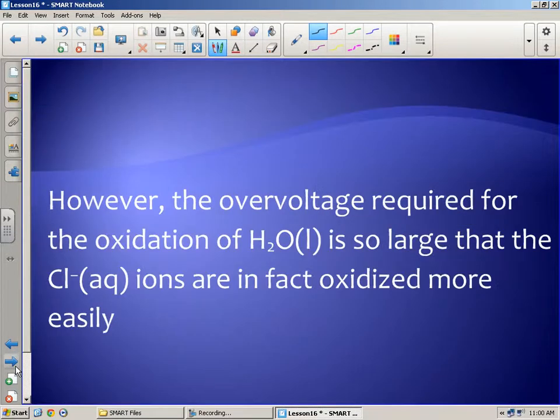The chloride anomaly only happens with water and chloride. What happens is the oxidation of water is so difficult that chloride ions are actually more easily oxidized. Remember, if it's a reducing agent, it's being oxidized. Chloride is more easily oxidized than the water.